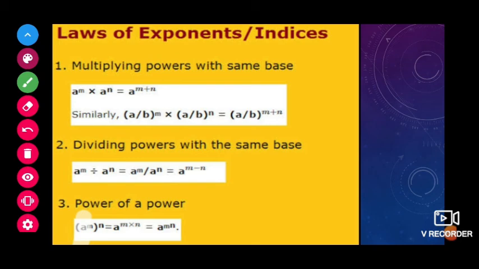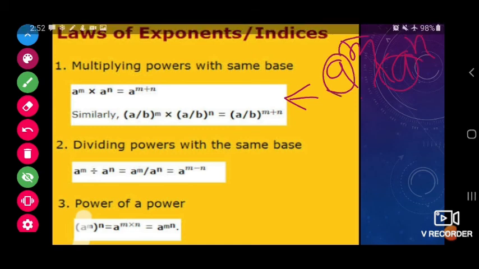Okay. First one, multiplication, the product law. This is multiplying powers with the same base. This law is called the product law. What does it mean? If two exponents, a to the power m into a to the power n, have the same base, then we can add the powers.